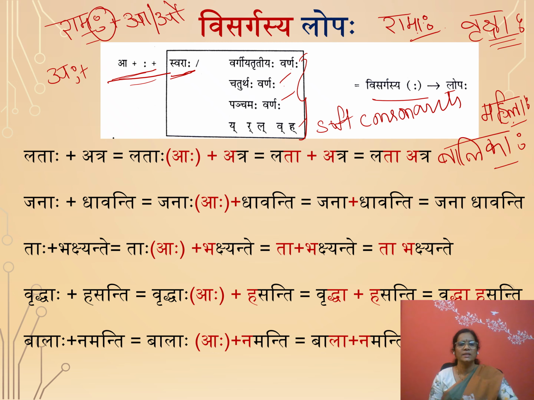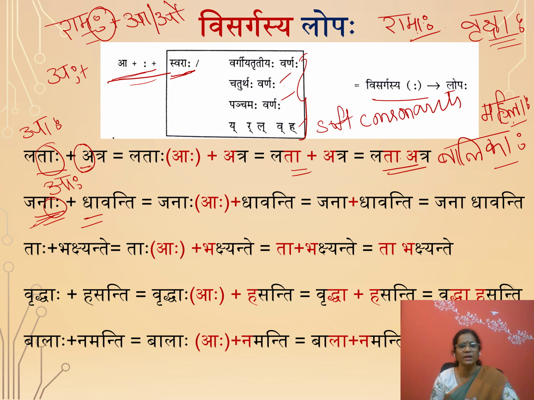Understood? See the examples. The first one, Lataha, ended with Aha. Atra, here A is there, a Swara is there. Then by adding these two, we should drop this Visarga and the answer is Lata Atra. Next one, Janaha Dhavanti. Janaha, the word ended with Aha, right?